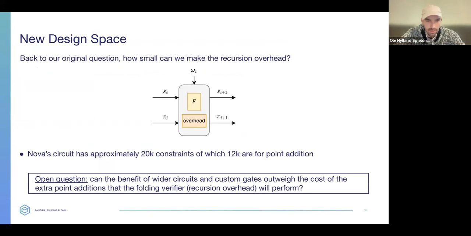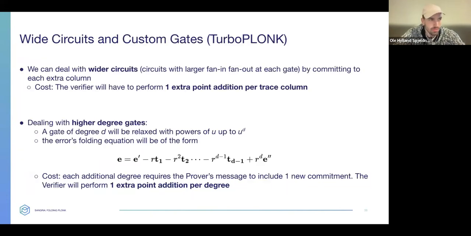Okay, I mean, that doesn't sound too bad. I guess there will be a linear overhead on the verifier in terms of the number of steps, right? Because for every step of the computation, you have to do this many additions.